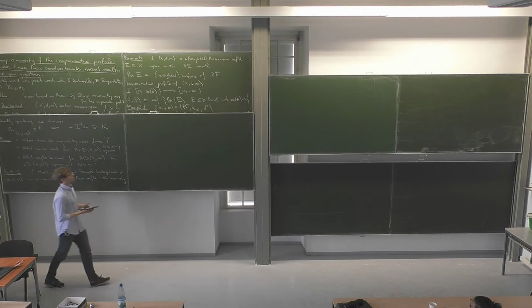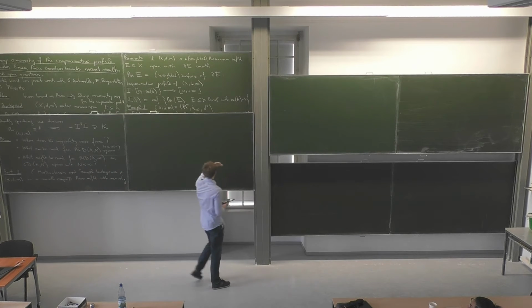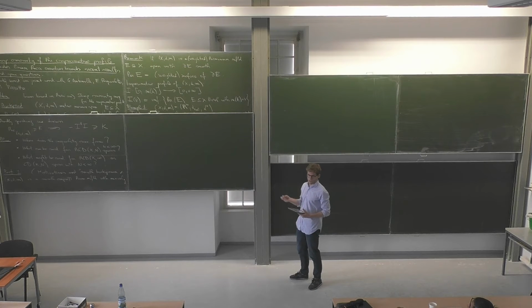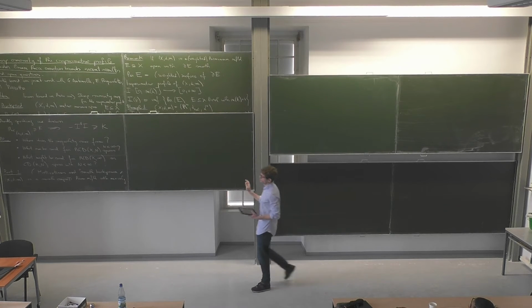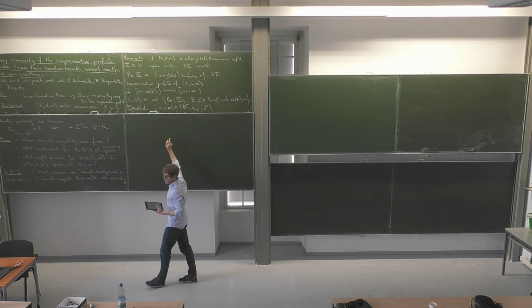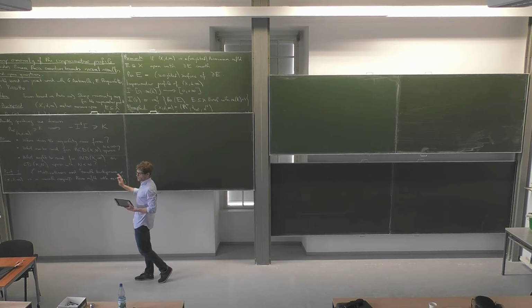Okay, so if you go back to the very definition of the isoperimetric profile, the isoperimetric profile is defined via a minimization process. And the first observation that we can make in this case is that actually that infimum, under this assumption, turns out to be a minimum.